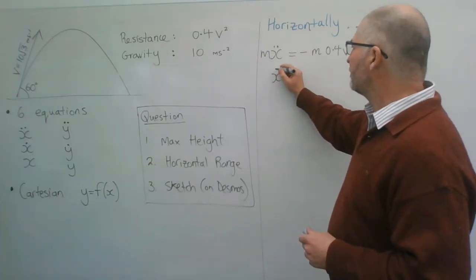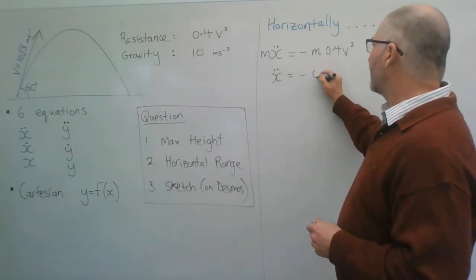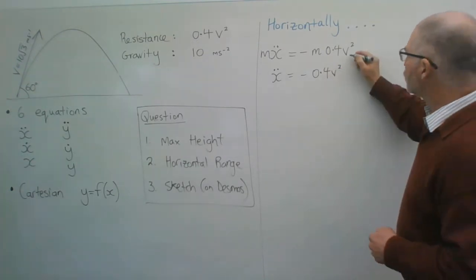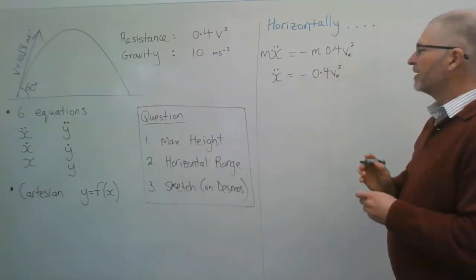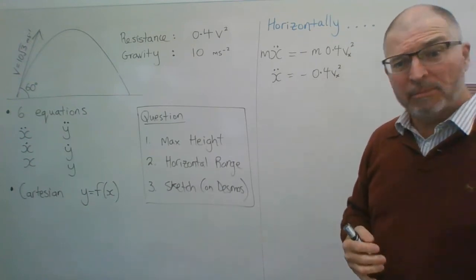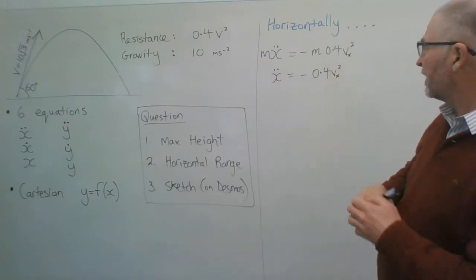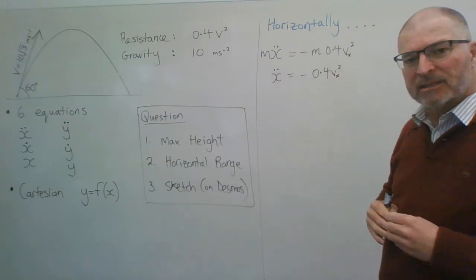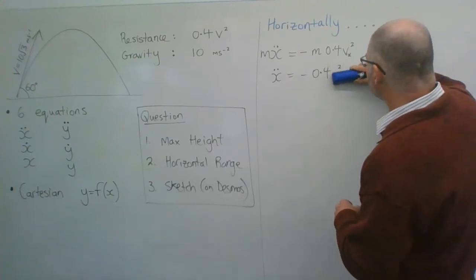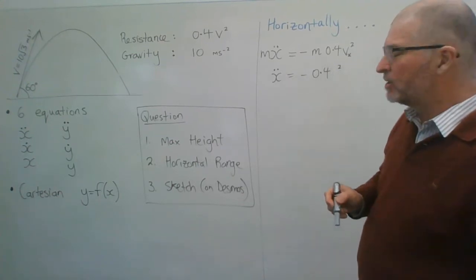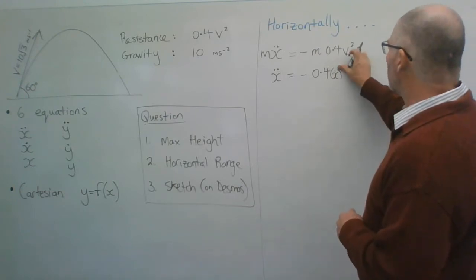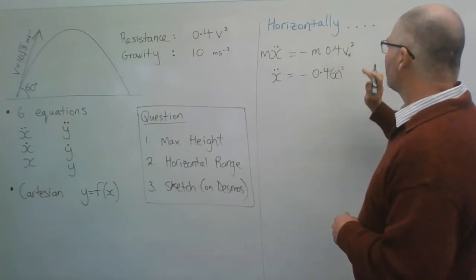So if I divide by m, I get this here. Now I should put a little x there because we're talking about the horizontal velocity. In fact, I can replace this little velocity with a little x with x dot. It's x dot squared. X dot is being squared there.